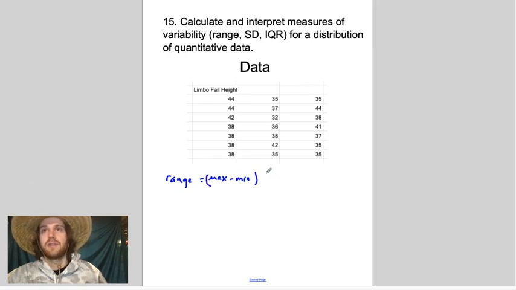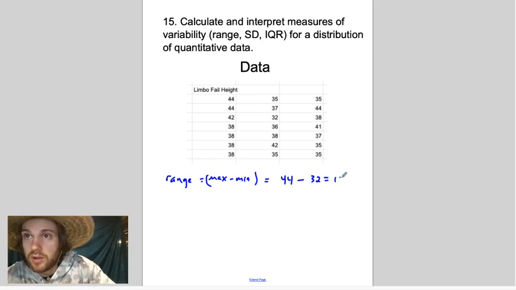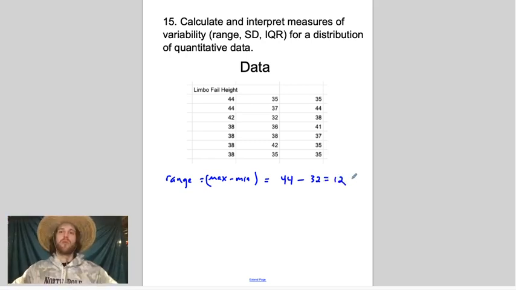Okay, the max is 44 minus the minimum, which is 32, which is 16. Yeah, sorry, 16. Good Lord, Slagle. It is 12. Whew, the range got me.